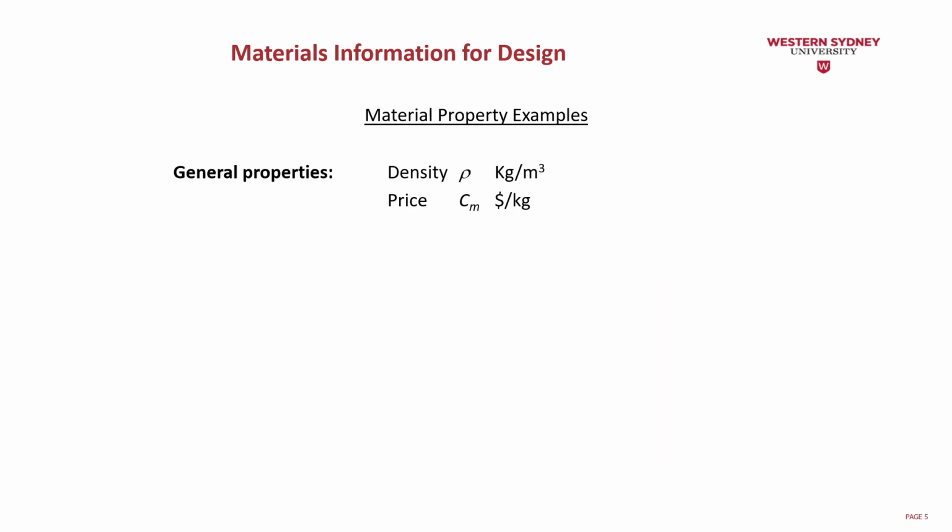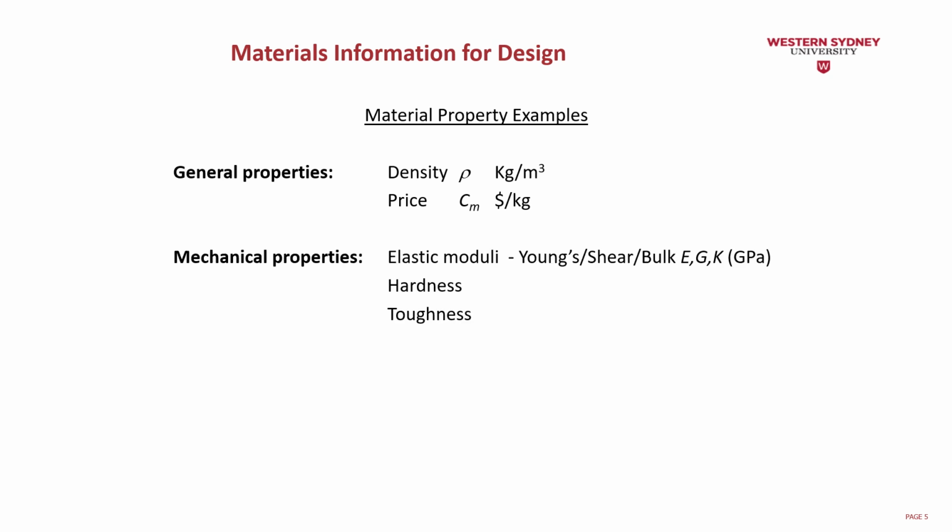So, some materials information for design. We're looking at some examples here for the material property example. A general property is going to be density. We have the price, and we did actually the graph for that, if you remember last week. Also, we can have the mechanical properties like the elastic modulus. That's a very important thing.